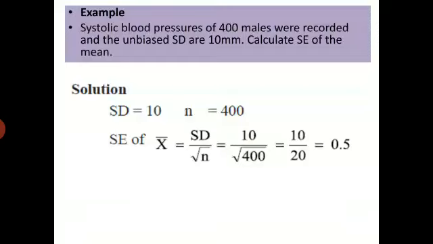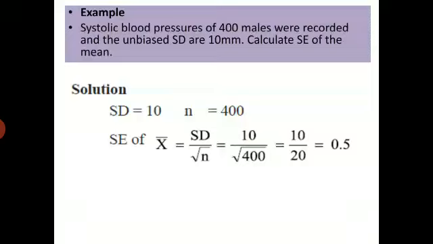Now we'll take this example so that you can understand. Systolic blood pressure of 400 males was recorded, and the unbiased standard deviation is 10 mm. Calculate the SE of the mean.